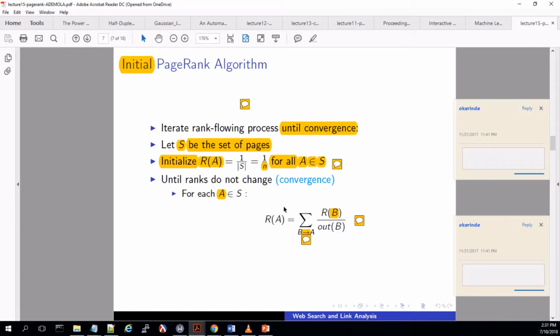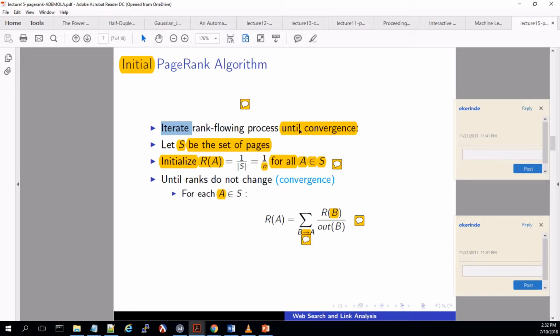So what does the page rank algorithm say? This is the algorithm. The algorithm says you have to follow an iterative rank flowing process until convergence, that is until you see that the values are not changing anymore. So you have to continue to iterate this. In a subsequent tutorial, I will show us how to make use of an Excel spreadsheet to do this, but we just see a simple example in this case.